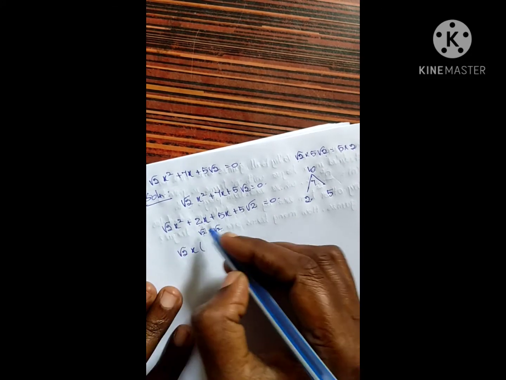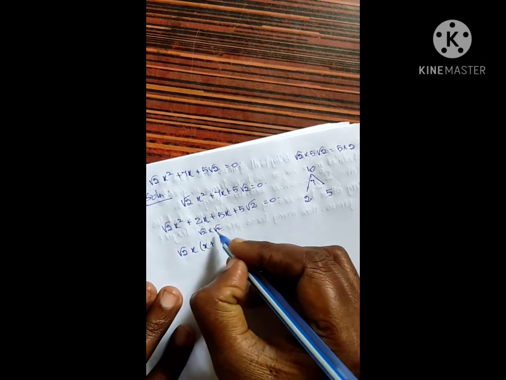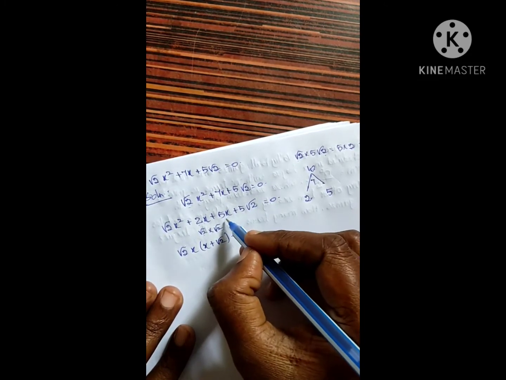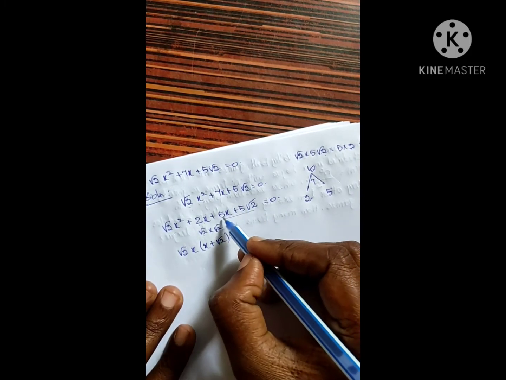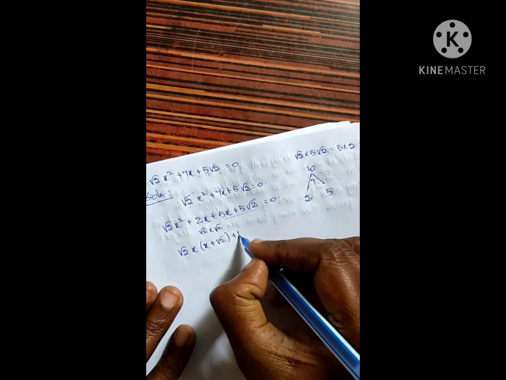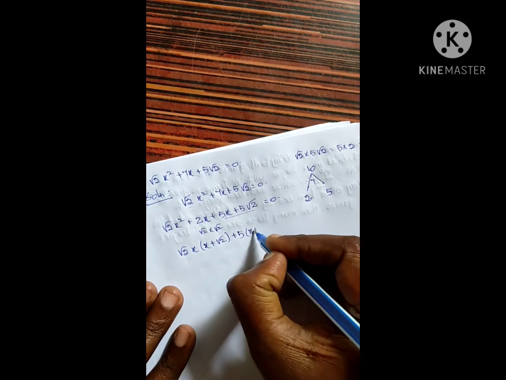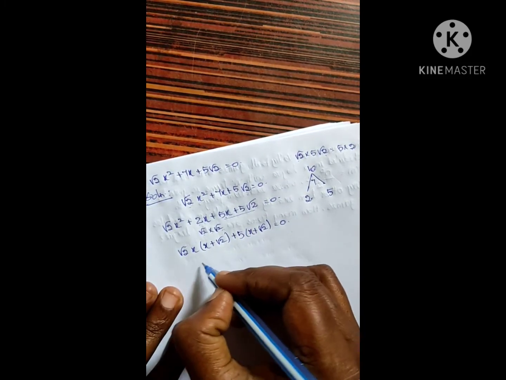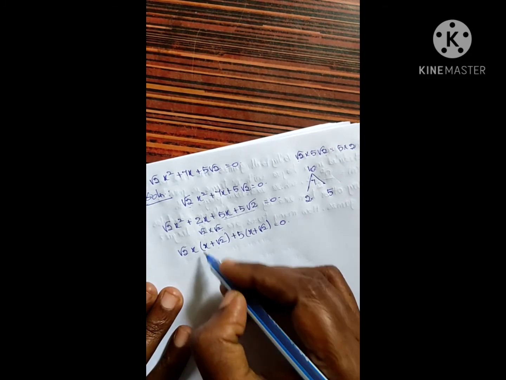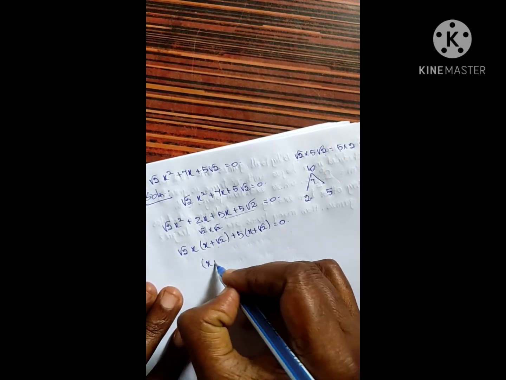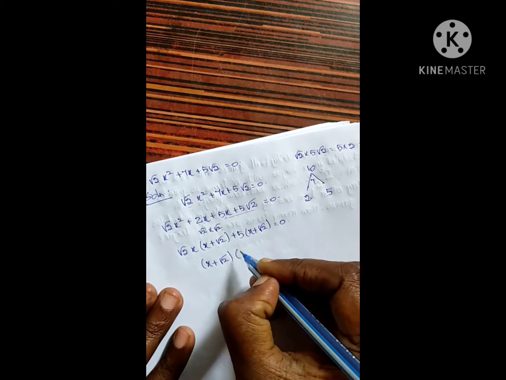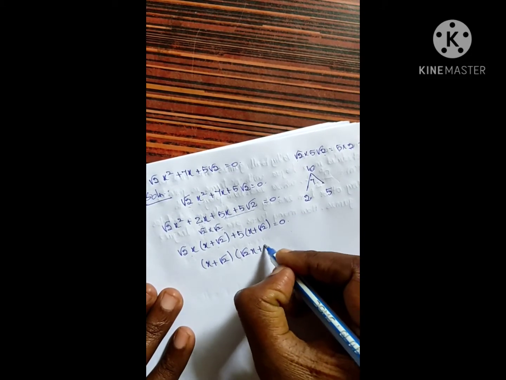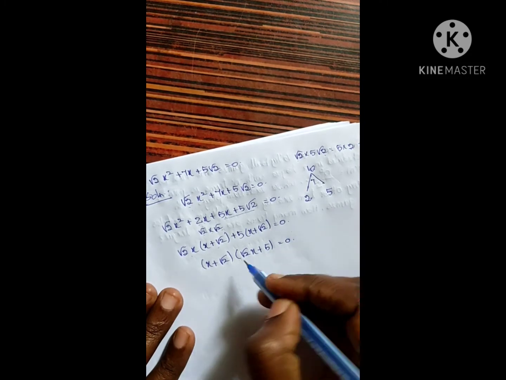So this is √2x into (x + √2) plus, now from the next two terms we will take 5 outside. So this is 5 into (x + √2) = 0. Now we take (x + √2) outside. So (x + √2) into (√2x + 5) = 0.